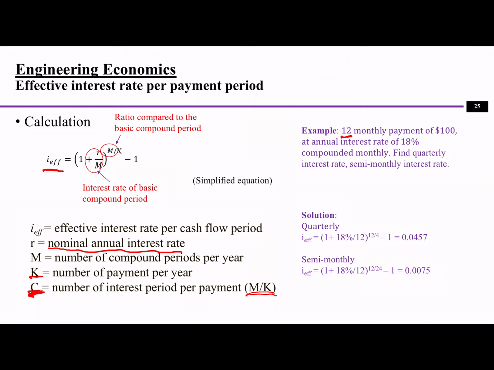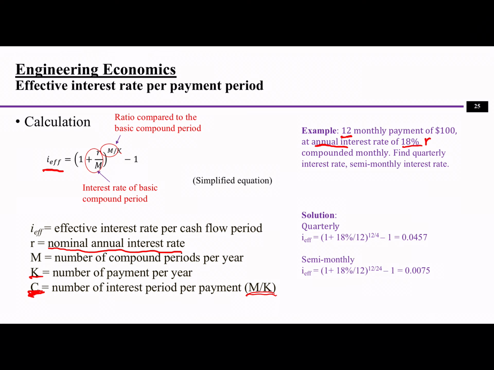Now let's use one example to demonstrate that. Our example is 12 monthly payments of $100 at an annual interest rate of 18% compounded monthly. Find the quarterly interest rate and the semi-monthly interest rate. We know the annual interest rate is compounded monthly, so 18% is the nominal interest rate, which is r.